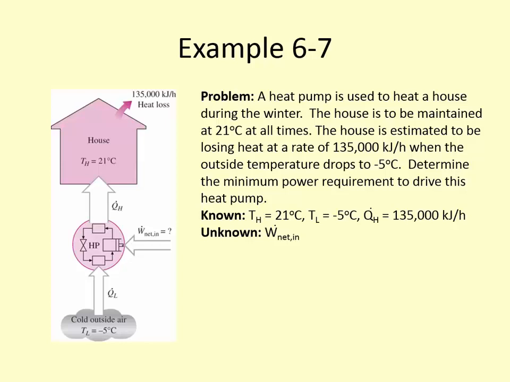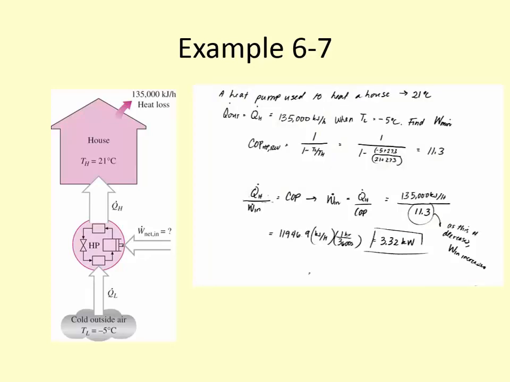So the coefficient of performance for a heat pump that is reversible, again, is just based on the temperatures of the reservoir. So 1 over 1 minus T_L over T_H, which in this case is equal to 1 over 1 minus, and then we have to be careful about signs because it's negative 5 plus 273 to get Kelvin, and 21 plus 273 to get Kelvin, convert 21 Celsius to Kelvin.